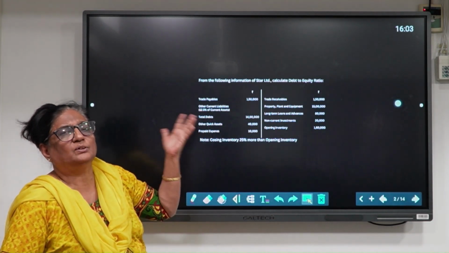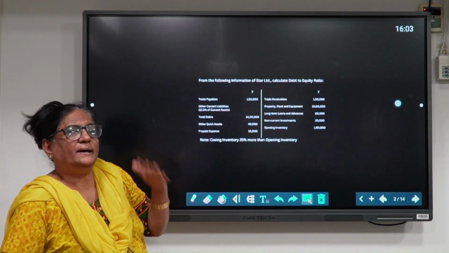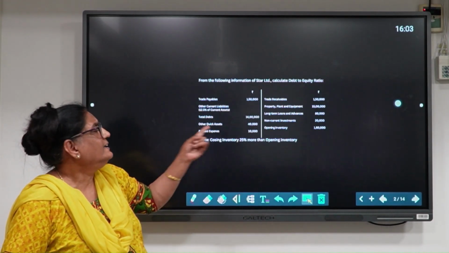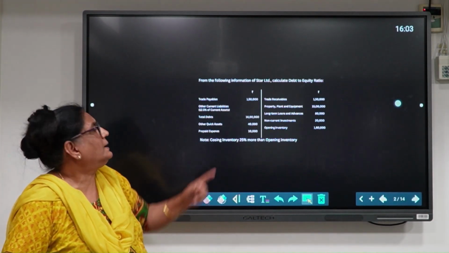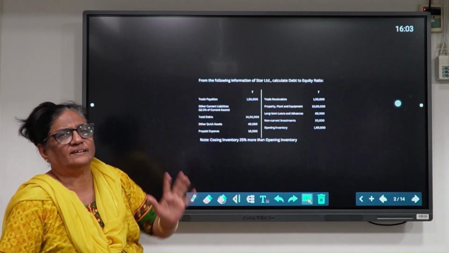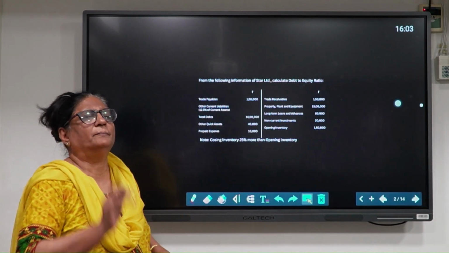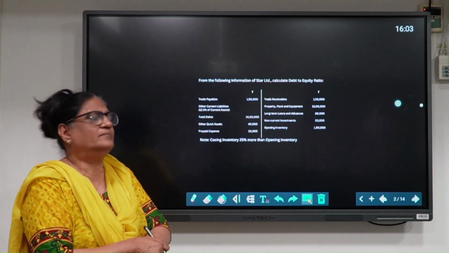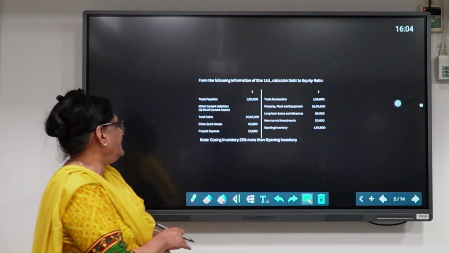Fixed assets are given, gross assets are given and all. But actually as per the Companies Act of 2013, no fixed asset words will come. It will be property, plant and equipment. It is nothing but fixed asset. Property, plant and equipment is the word used in company accounts in 2013. So don't be confused by that.